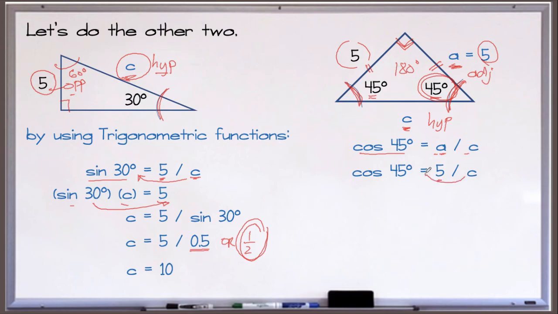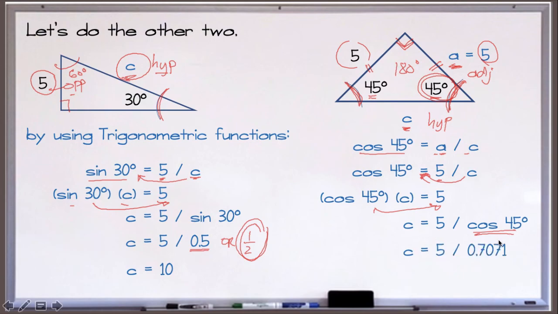Now, lilipat ulit natin si C doon katulad ng ginawa natin kanina. So, that makes a multiplication ulit. No? So, cosine 45 times C equals 5. And then, we bring down 45 again dito sa kabilang side. And that, tulad ng ginawa natin kanina, sine 30. So, 5 divided by cosine 45 is C. Your trusted calculator, gawin nyo yung cosine 45 will give you 0.7071.